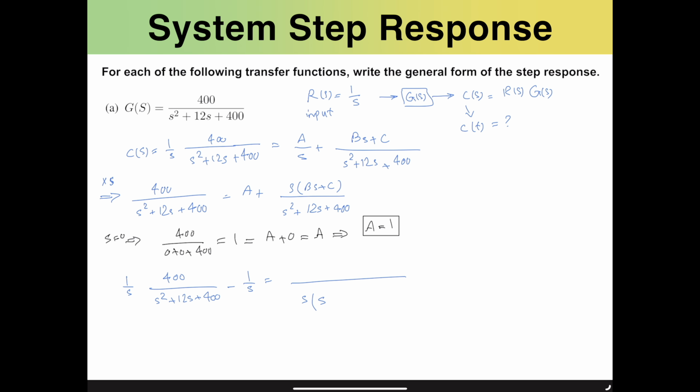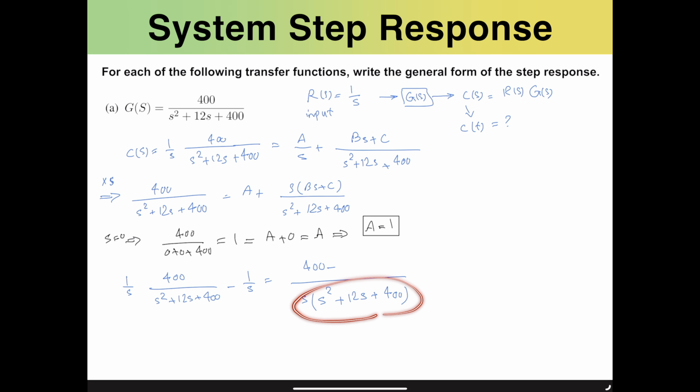As you can see, the common denominator is going to be the multiplication of s times s squared plus 12s plus 400, which is the common multiplicand. Then we can divide this whole thing by the first one, which is going to be 1, multiplied by 400. So it would be 400 minus.